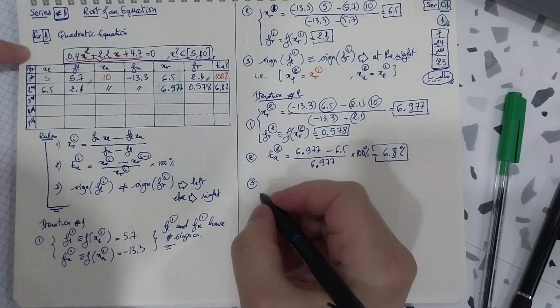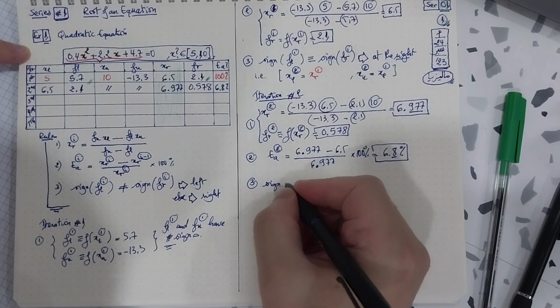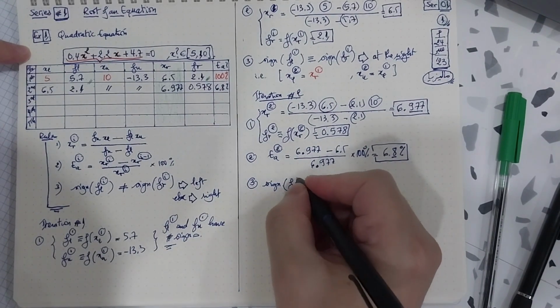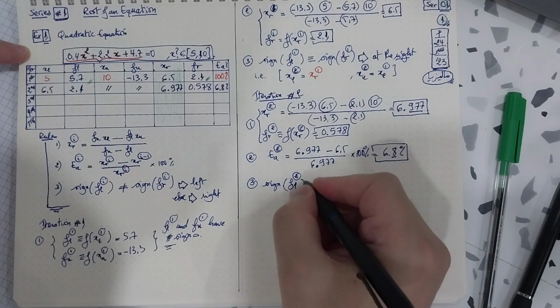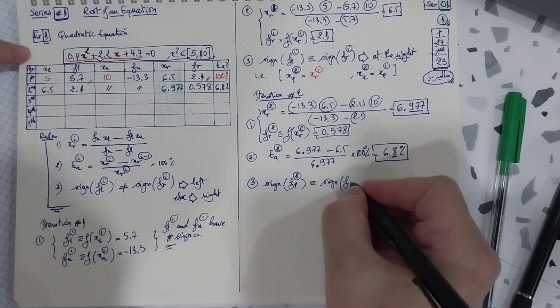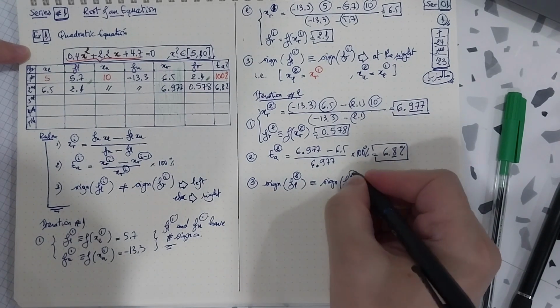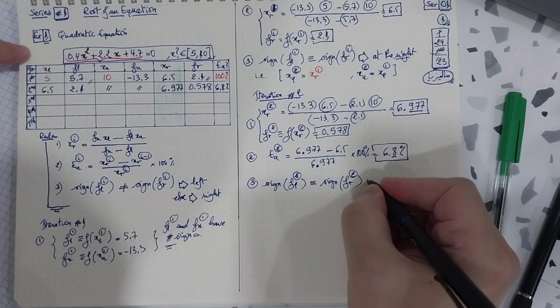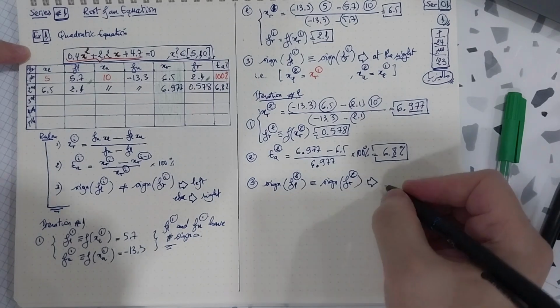So let's check it again here, sign. FL of the second iteration has the same sign as FR of the second iteration, which means still at the right.